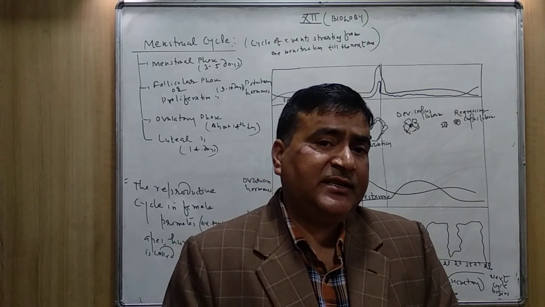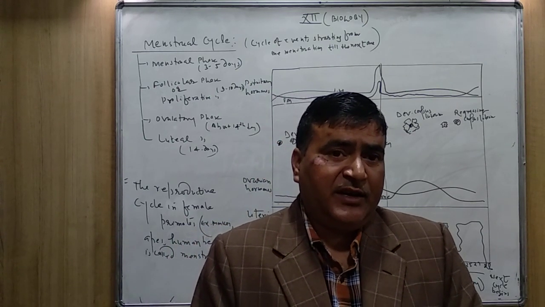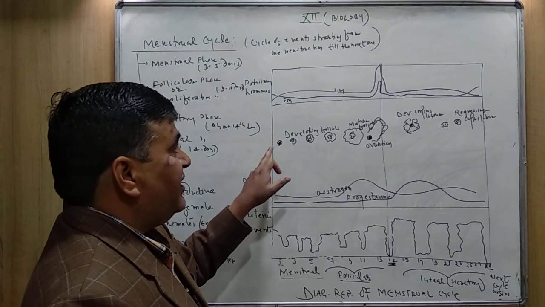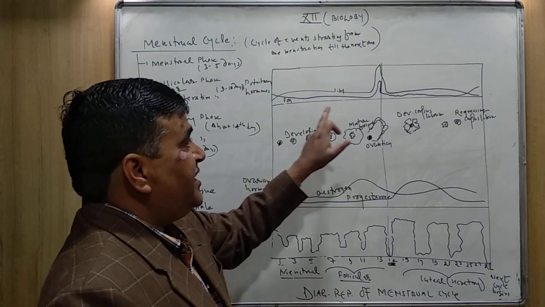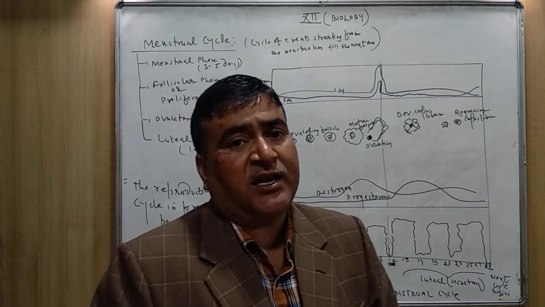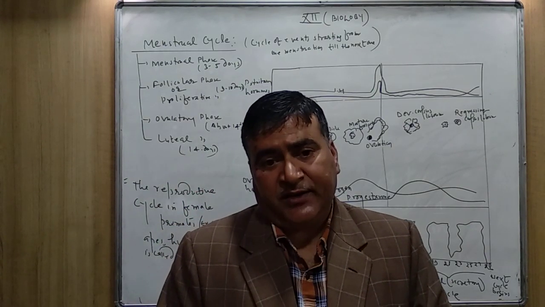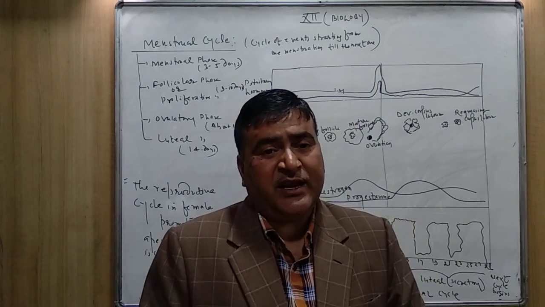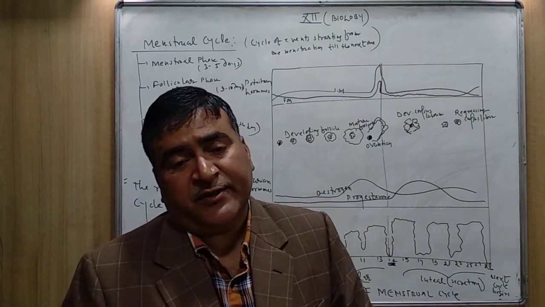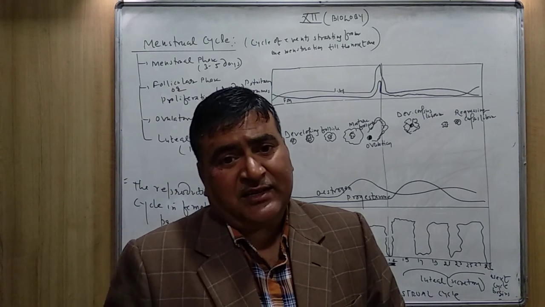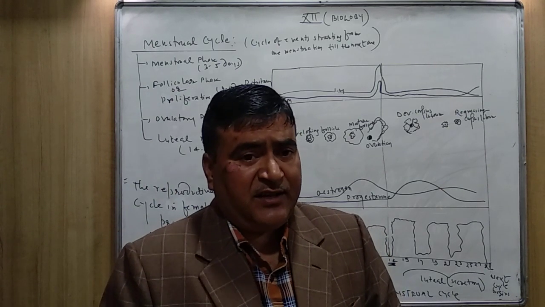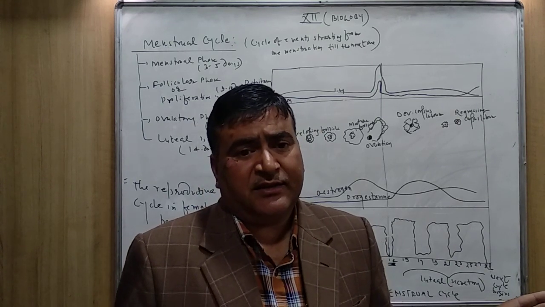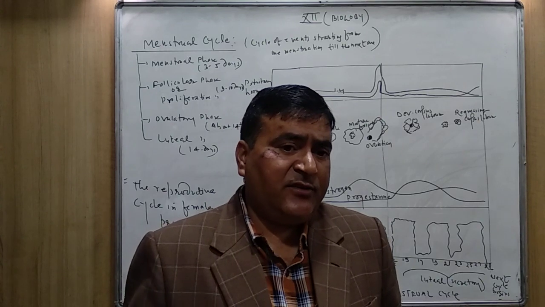stimulates, or you can say selects, a specific follicle, and that follicle is converted into the Graafian follicle, or you can say mature follicle. As I told you, inside the ovary, nearly 50 to 80,000 immature follicles are present at puberty, but not all the follicles are converted into the Graafian follicle.